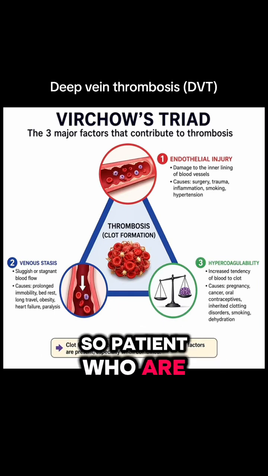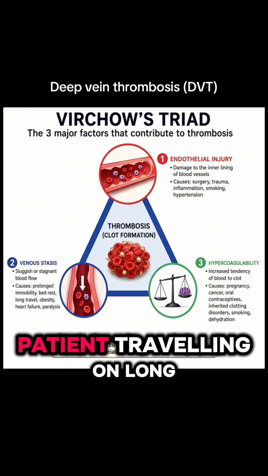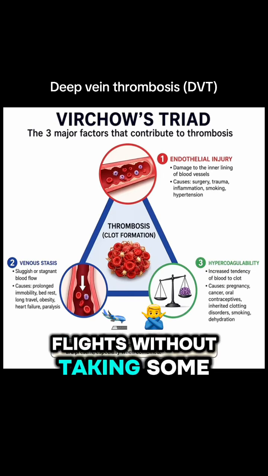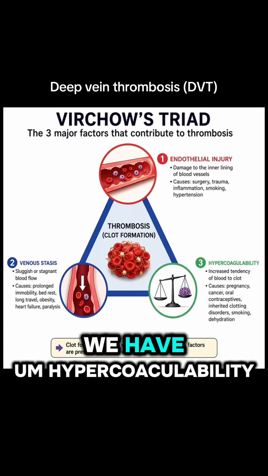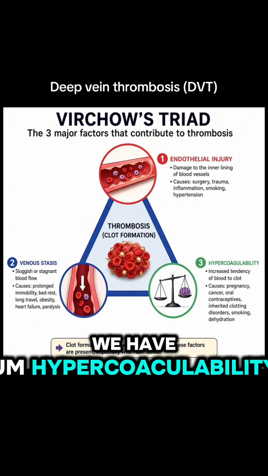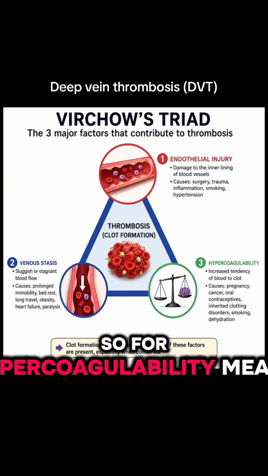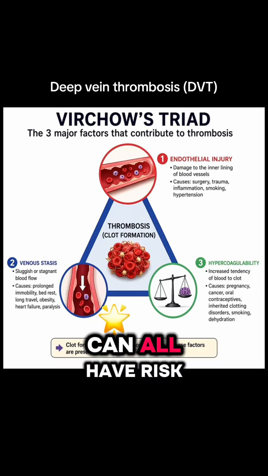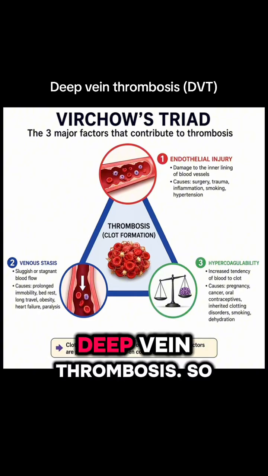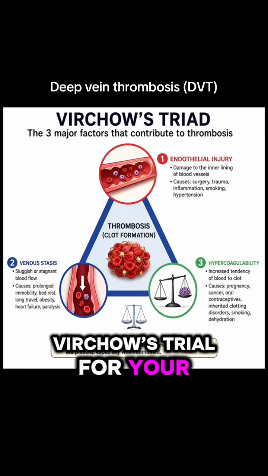So patients who are bedridden or who have prolonged immobility, patients traveling on long flights without taking some time off to walk around. And then also we have hypercoagulability, which is also one of the triad. Hypercoagulability means that patients who can coagulate faster can all have risk factors for getting deep vein thrombosis. So do not forget this triad for your NCLEX exam.